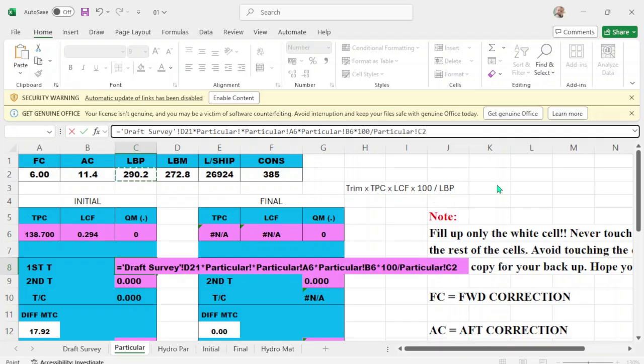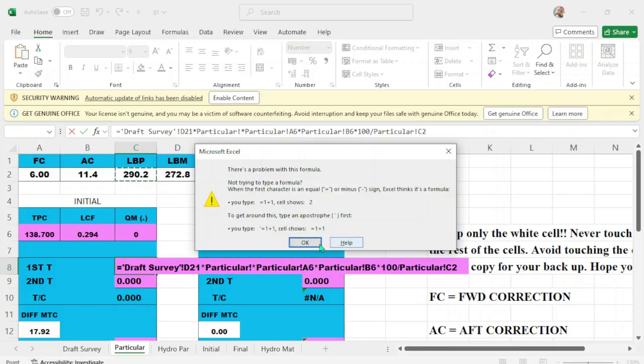Then you press enter. Again, something wrong.